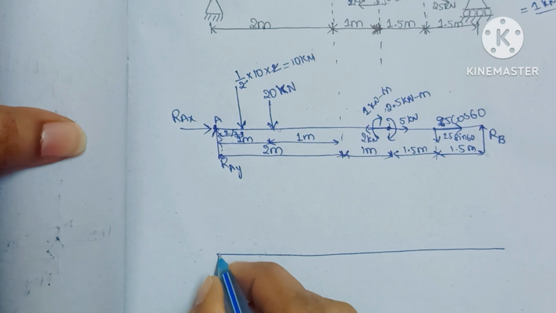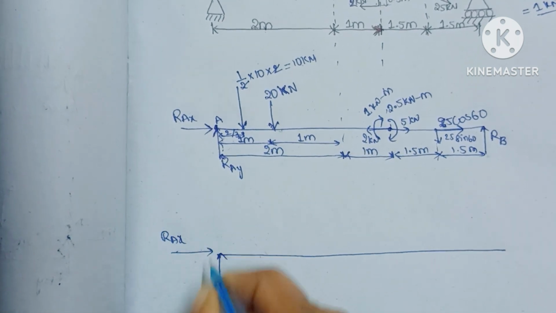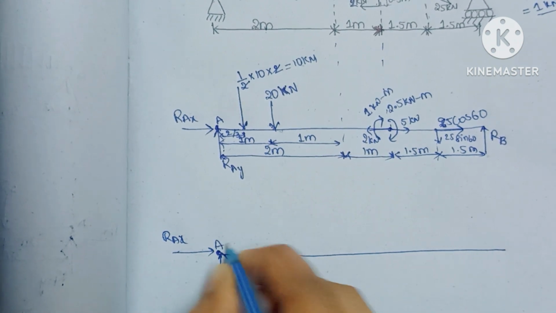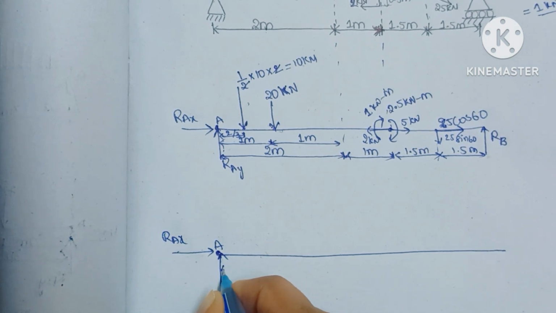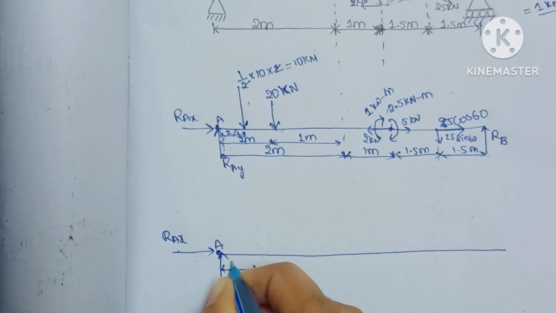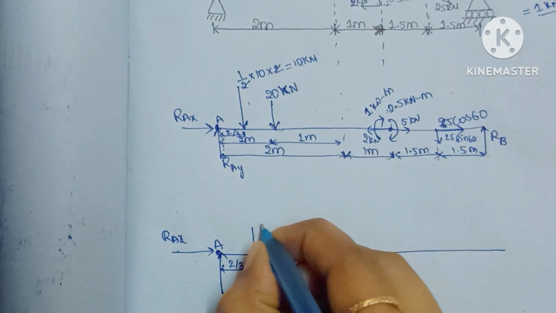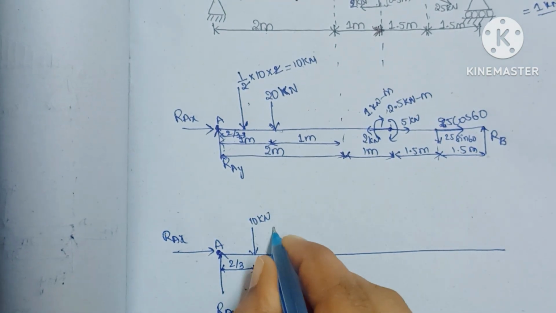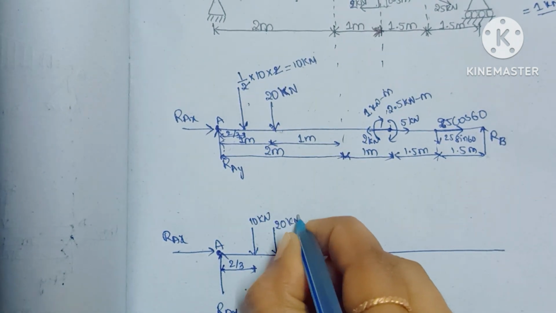Here we have RAX and RAY. Okay, this is a point. Here at 2 by 3, so 2 by 3 means 0.66, we have a load of 10 kilonewtons, and at 1 we have 20 kilonewtons of force.